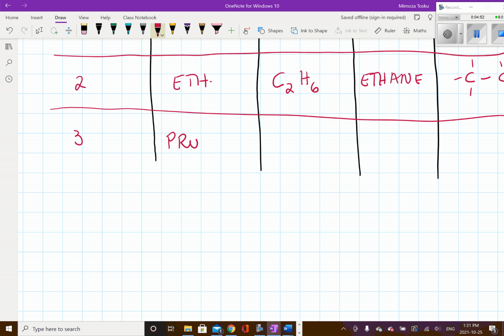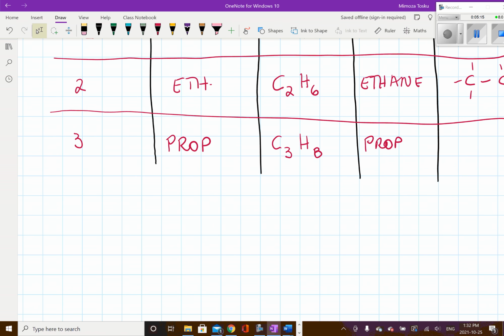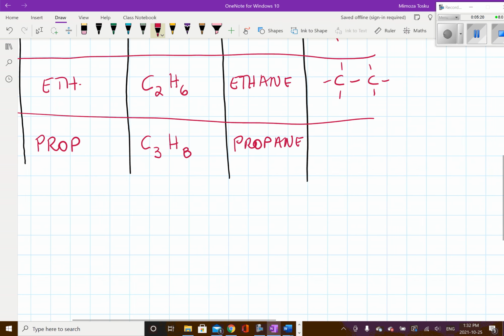Every time that you see 3 carbons, you will say prop with whatever suffix it is. C3H, 3 times 2 is 6, plus 2 is 8, and the name is propane. Prop, that is the stem prefix, and -ane. The structure will be carbon, carbon, carbon, and then ticks for hydrogen.